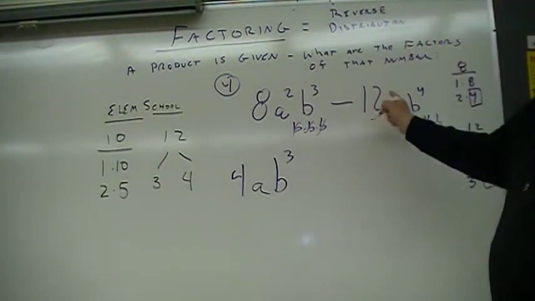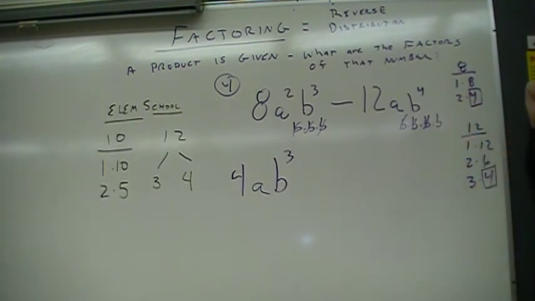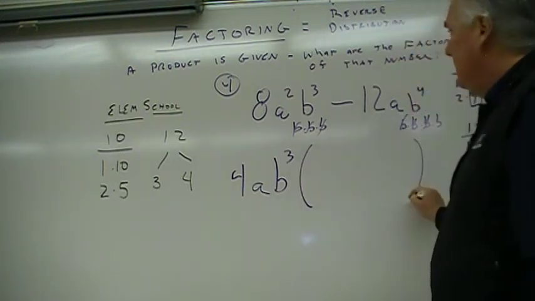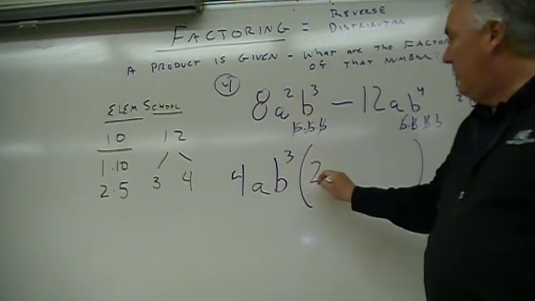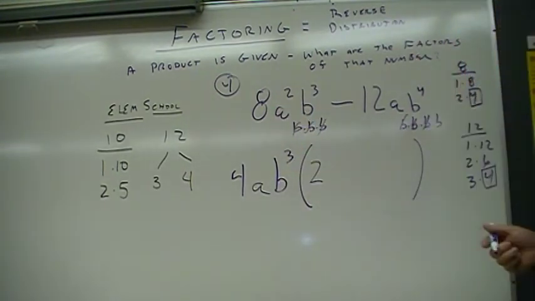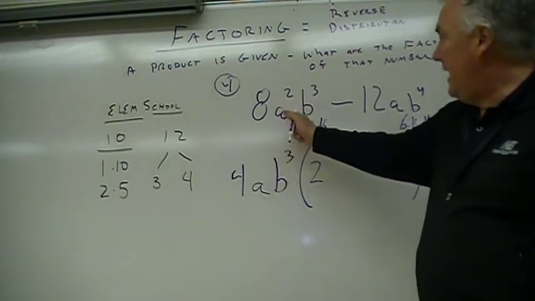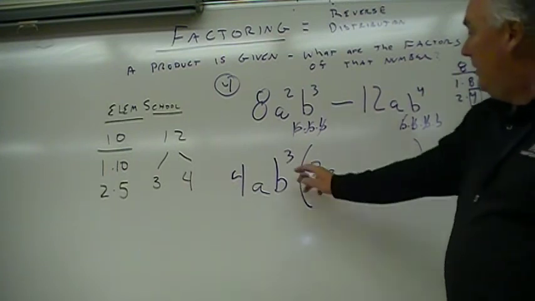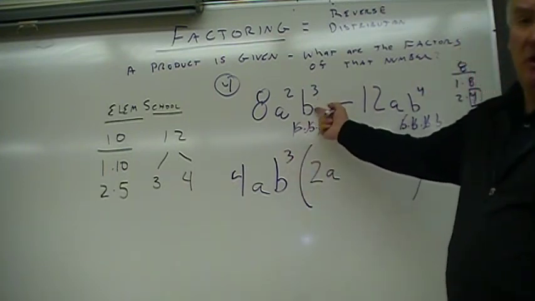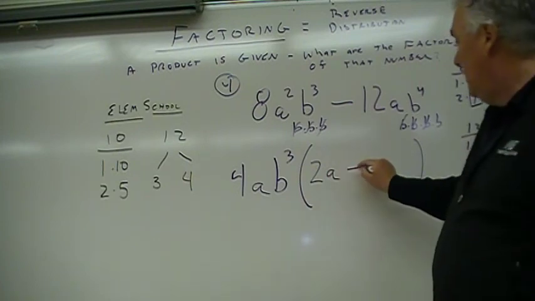So there's none left here, and there'll be 1 left over here. Times what? Well, 4 times what is 8? 2. We took the 4 out. There's the 2 left. We took an a out. There's 1 a left. We took 3 b's out. That's all of them. Nothing left.